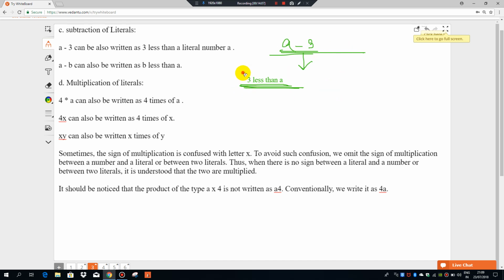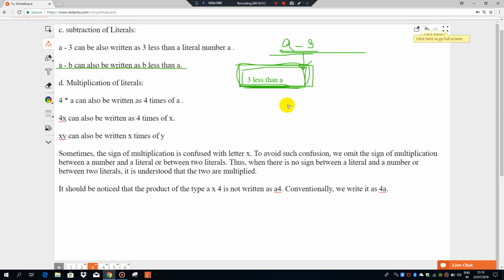In that case we kept the order, and in this case it's the same. Sorry, only one way is written: 3 less than A.